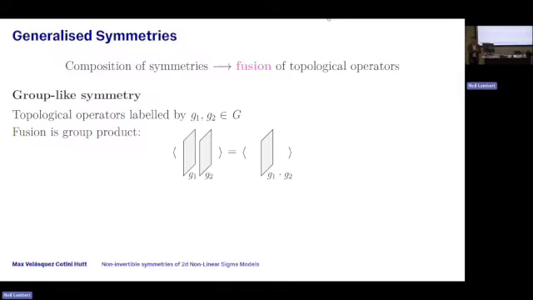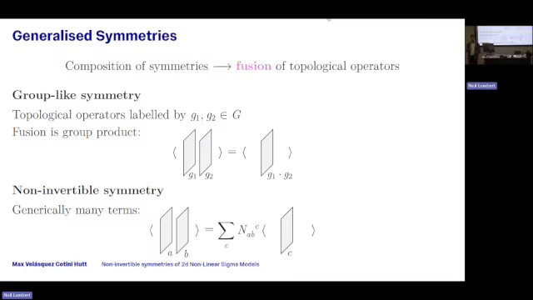I bring them together and I understand them as one operator, which is just labeled by the normal group product of the elements. But you could have something more funky going on. In general, you have two topological operators that you bring together, and I can have a sum of terms on the right-hand side. And if there's more than one, then I would say this is a non-invertible or categorical symmetry, because there's then necessarily at least one of these operators which has no inverse.